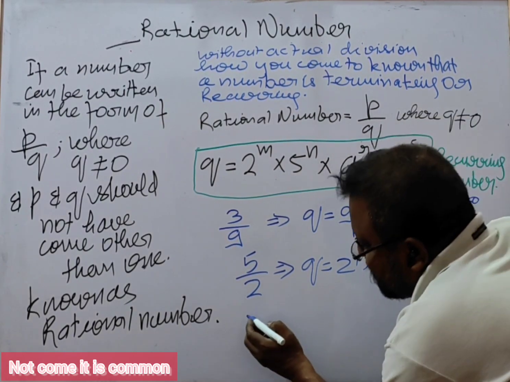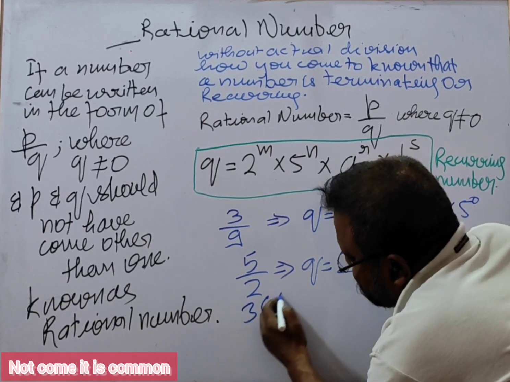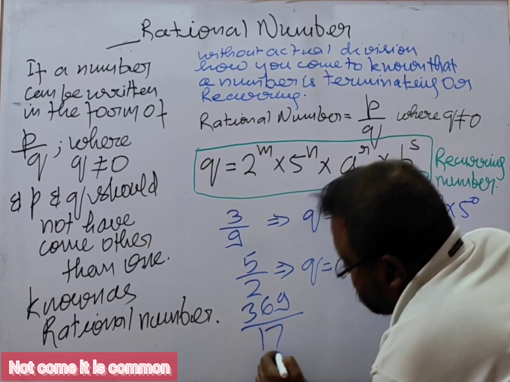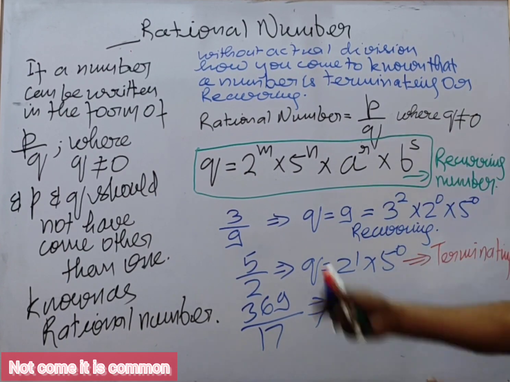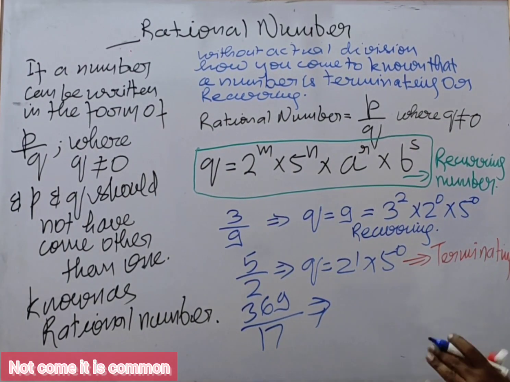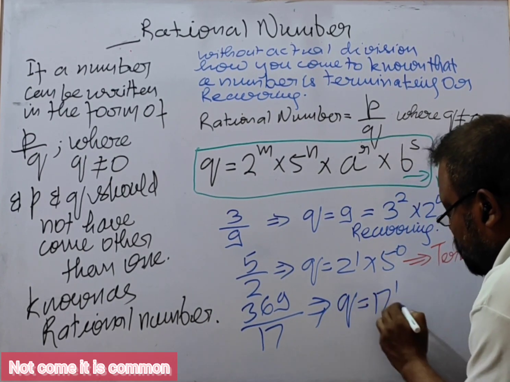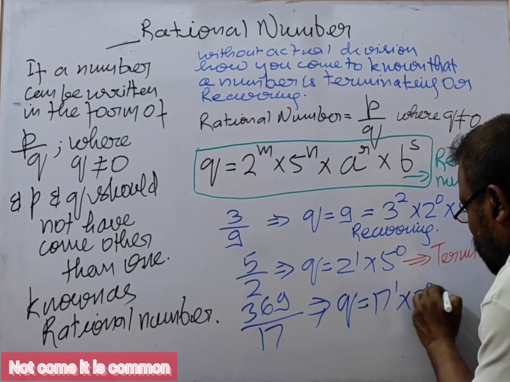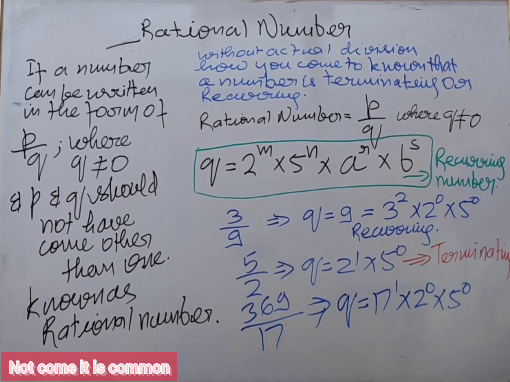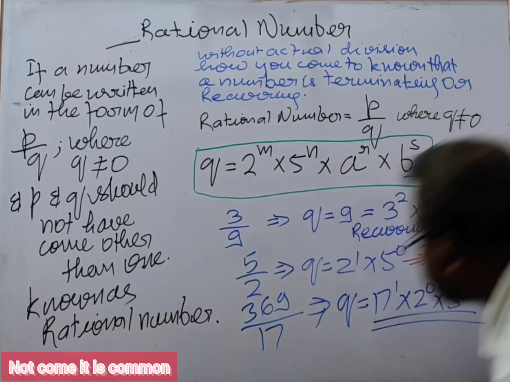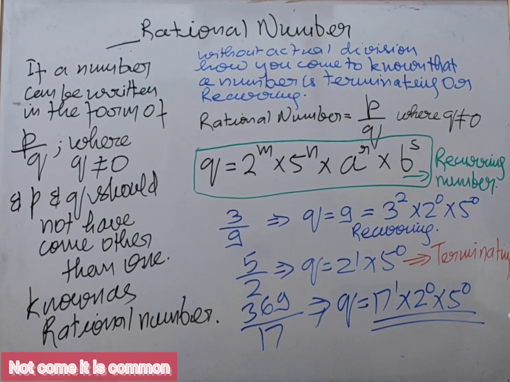If you take 369 upon 17, fine. I do not know what it is, right? So q is 17 raised to the power 1 into 2 raised to the power 0 into 5 raised to the power 0. So what does it become? Except 2 and 5, it is having 17 also. So it is recurring, na? So this is the recurring number.